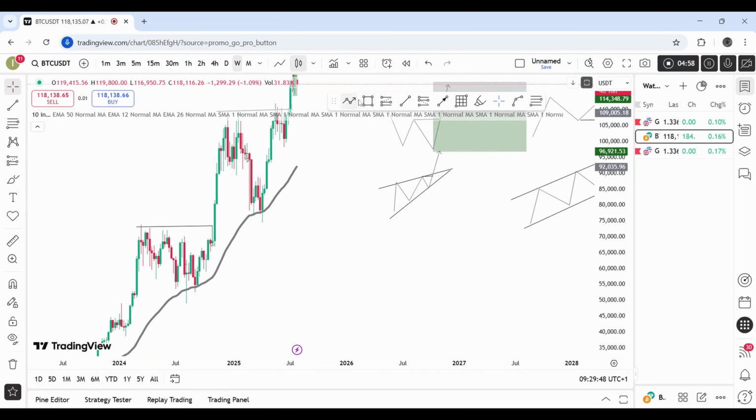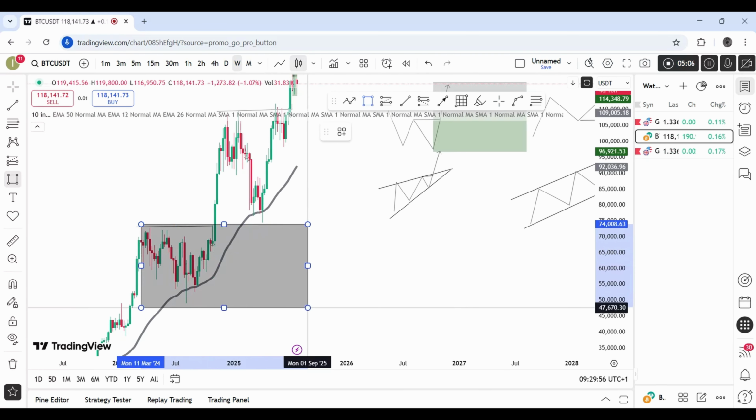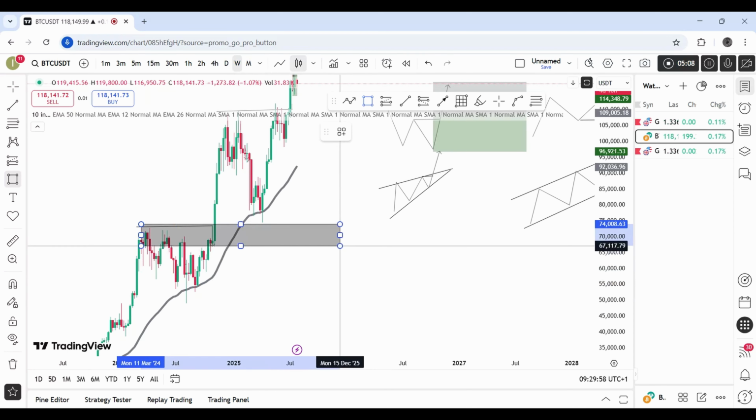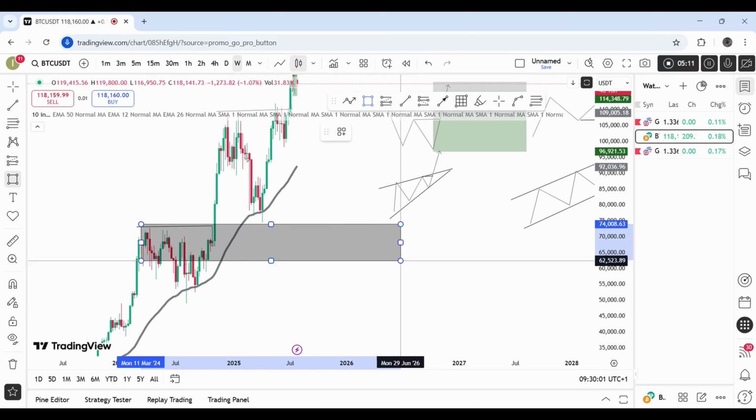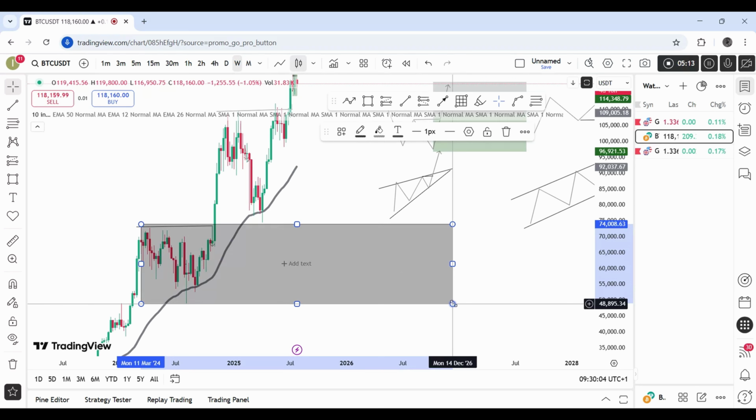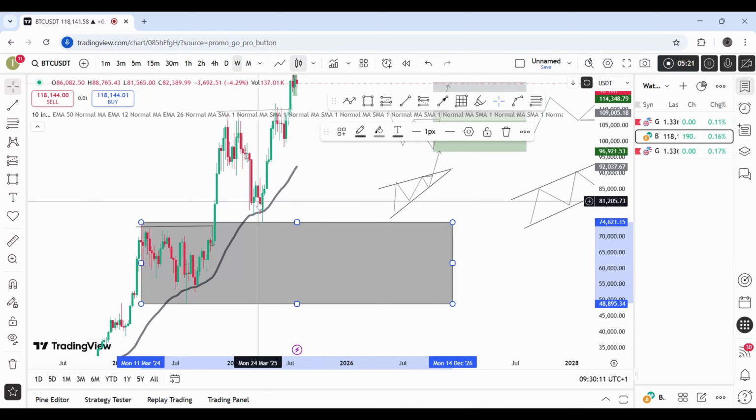Another way is waiting for my candlestick pattern to come into my key zone area. Like you can see, this is my key zone area. As you can see, the price touched the key zone, and the last candle before the price touched the key zone was a red candle.